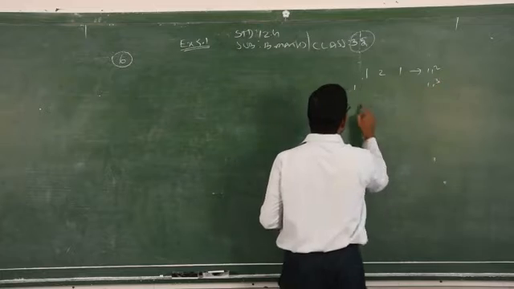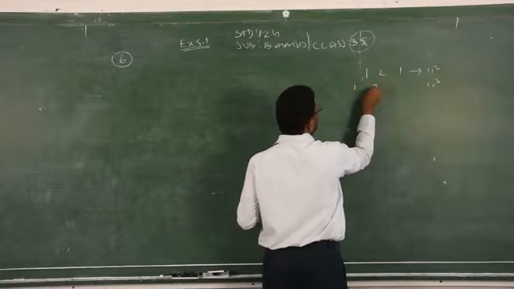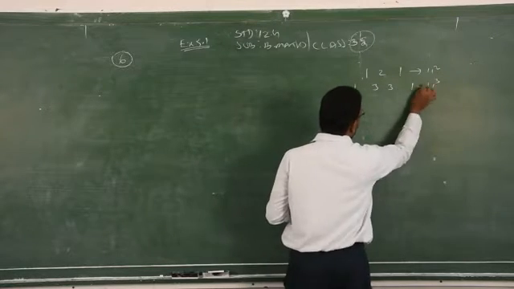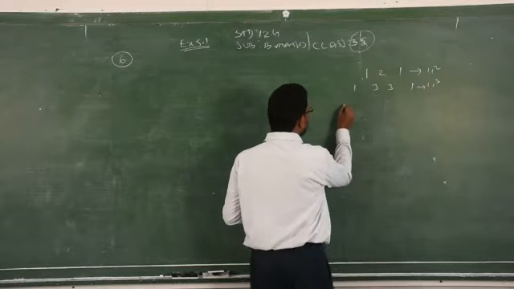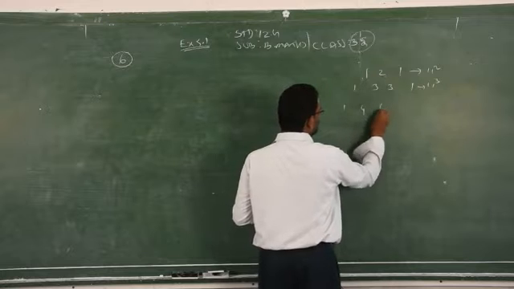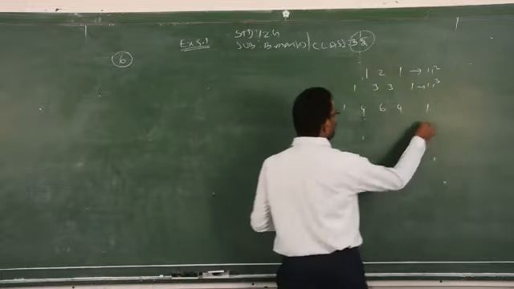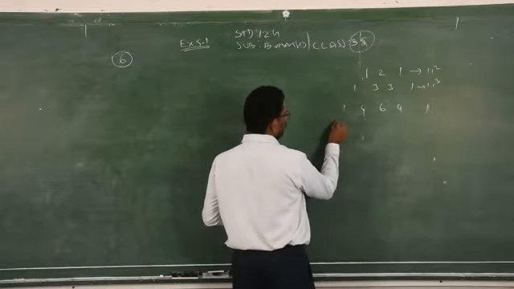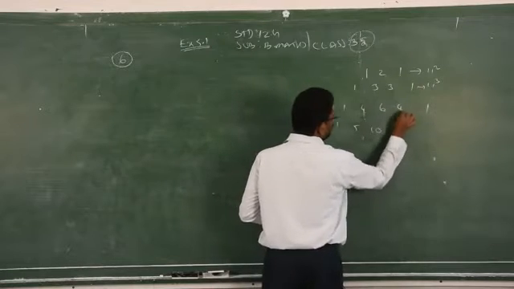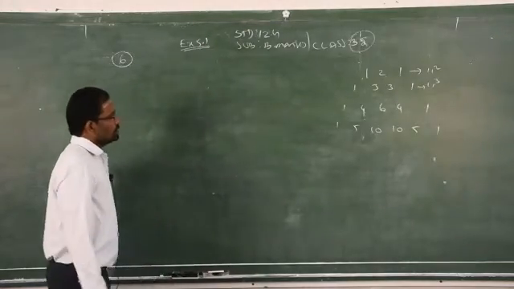Starting from 1, add 1 plus 2, 3, 2 plus 1, 3, then end with 1. That is the answer for 11 cube. Then start from 1, add 3 plus 1, 4, 3 plus 3, 6, 3 plus 1, 4, then end with 1. This is 11 power 4. Again start from 1, add 1 plus 4, 5, 4 plus 6, 10, 6 plus 4, 10, 4 plus 1, 5, end with 1. This is called the Pascal rule or pyramid rule.